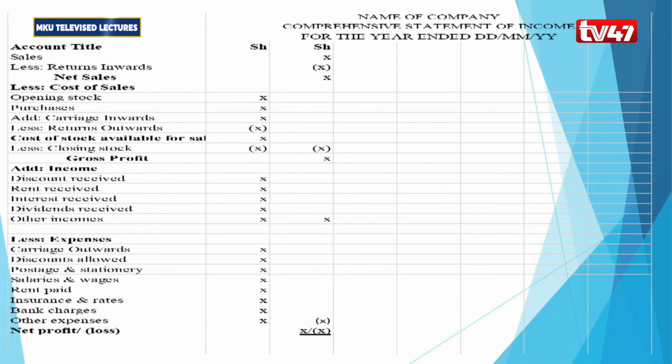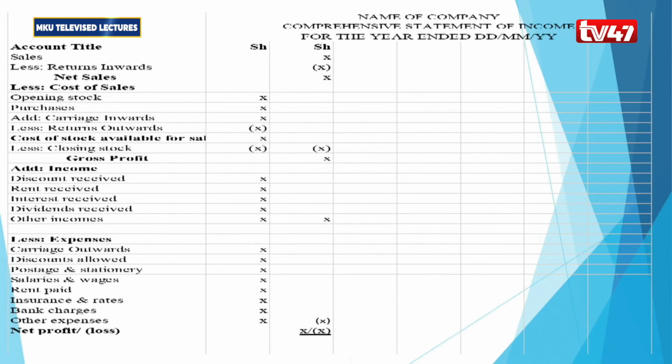So in that case, we will recognize the gross profit, and then we have additional sources of income. Sources of income in this case are the cash inflows. So they are very easy to identify. We have something like discount received.